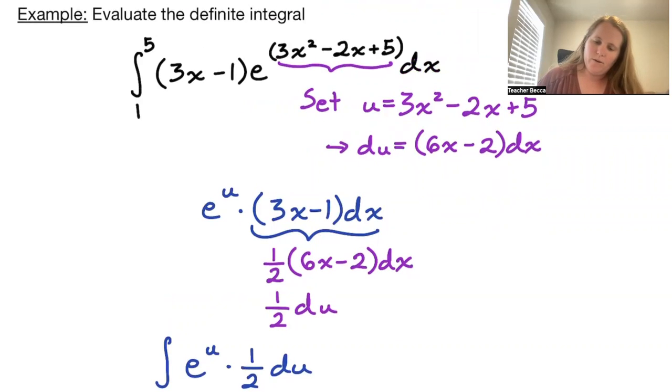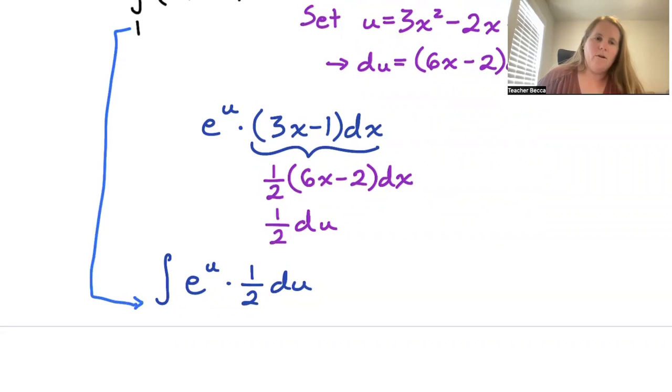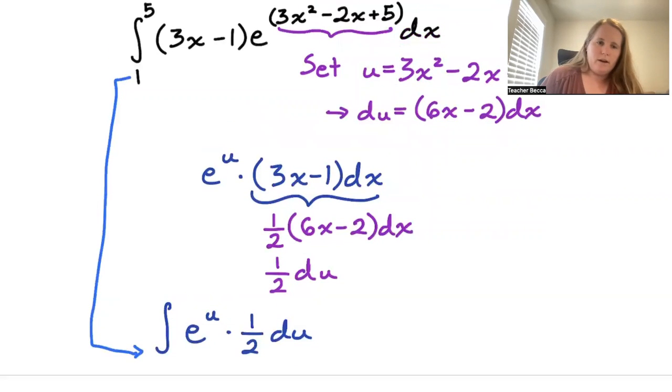So for converting our bounds, the 1 should go to our lower bound using the fact that u equals 3x squared minus 2x plus 5.